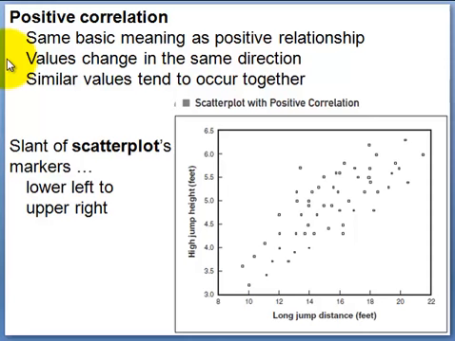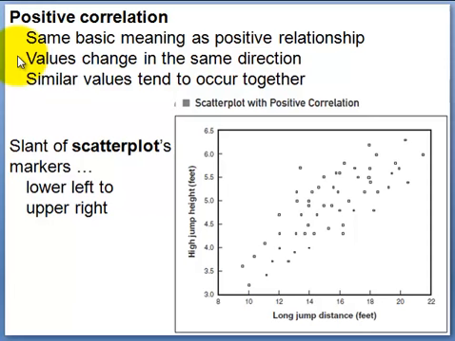Positive correlation carries the same basic meaning as positive relationship. So values are changing in the same direction. I just gave a caveat to say soon we'll see that there's more precision than this, and that we're able to say as one variable changes by a given amount, the other is predicted to change by some given amount.